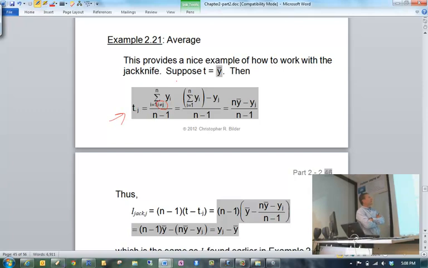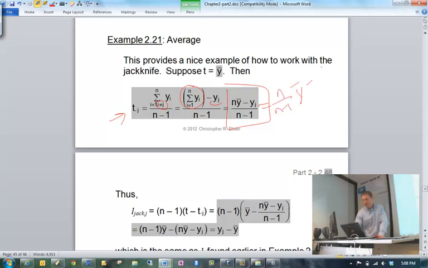And notice what I have to divide by, n minus 1, not n, because I have n minus 1 data values. So you can actually rewrite the numerator so that you do have the full sum over all your y's, and then just subtract off y sub j. You can then rewrite it like this, n y bar minus y sub j over n minus 1.